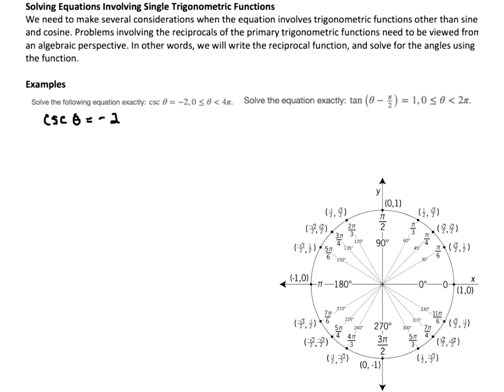Okay, so the cosecant is the reciprocal sine function. So this is the same thing as 1 over the sine of theta equaling -2. And I'll just point out that this -2 is over 1. So since I have a proportion set up here, I can cross multiply.